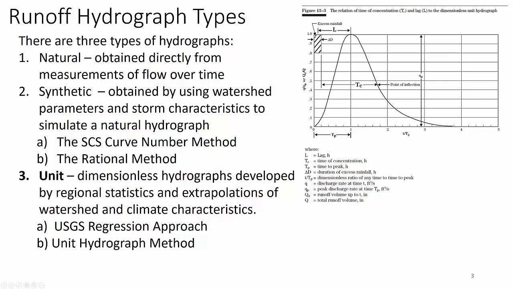So the y-axis is 0 to 1, proportional, where total flow is a function of flow for your area. And then time is proportional to the time of peak. So your time of end is a function of how long it takes to get to time of peak. So time of peak is by definition set to 1.